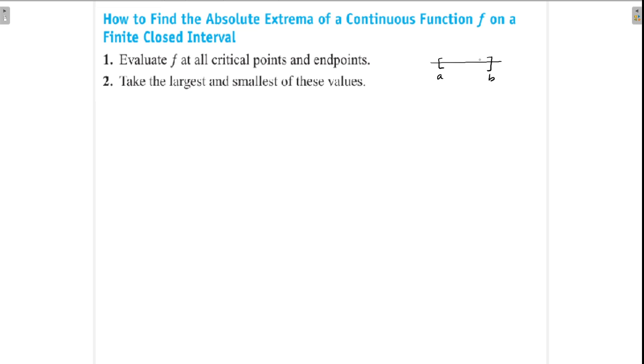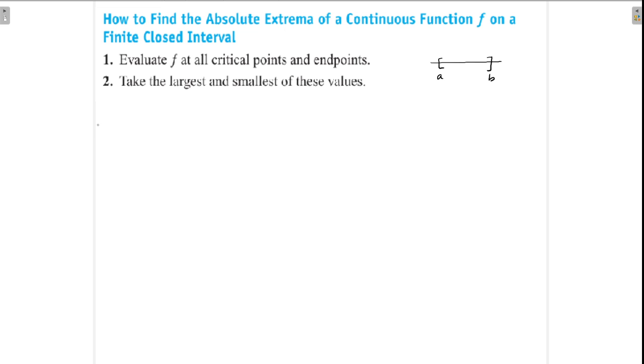You need to follow two steps. First, evaluate all critical points and endpoints of the interval. Those are the possible points at which f attains its extrema. Then take the largest and smallest value among these.